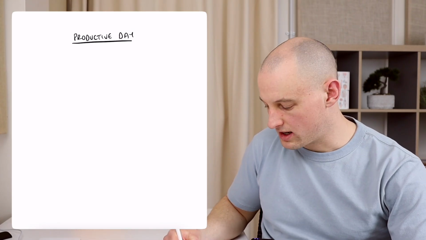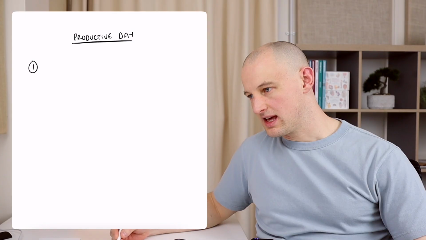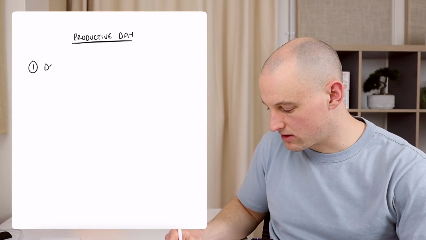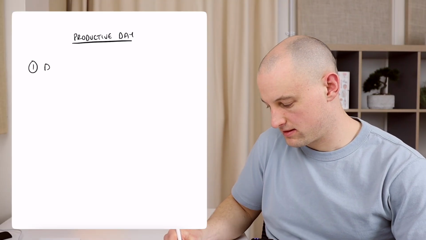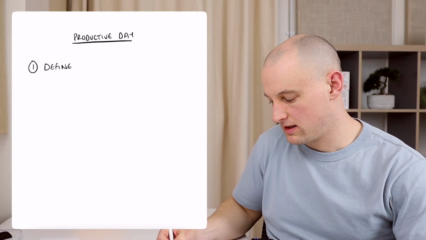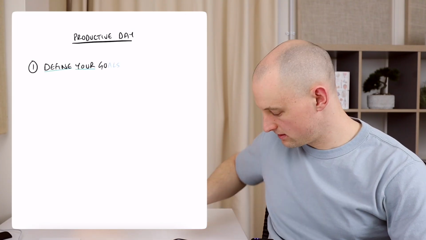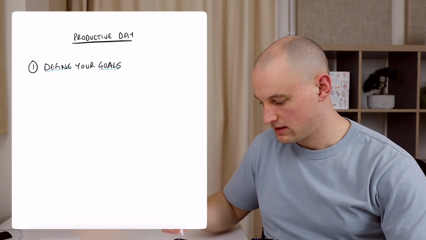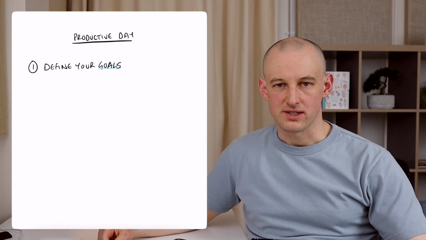Okay, step one of designing your perfectly productive day is, I think, to define your bigger goals. So, first of all, you need to know what goals you're working towards.